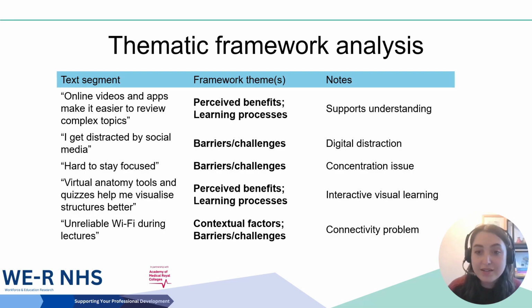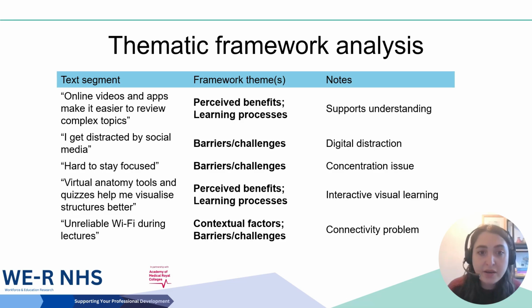You'll notice that this looks fairly similar to the table I presented on content analysis. However, in practice, things are done slightly differently. So you have your text segments on the left-hand side, so your survey responses, and you assign these to your pre-existing framework categories rather than coming up with new codes from the data.